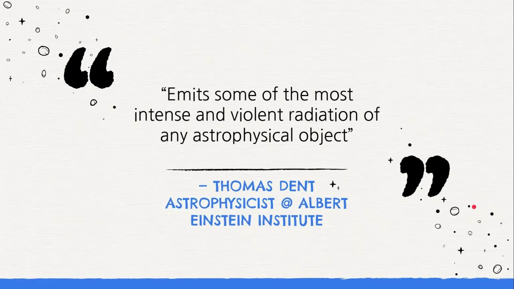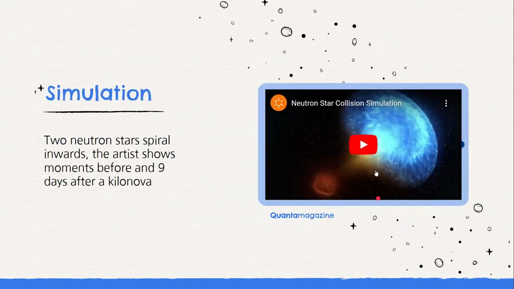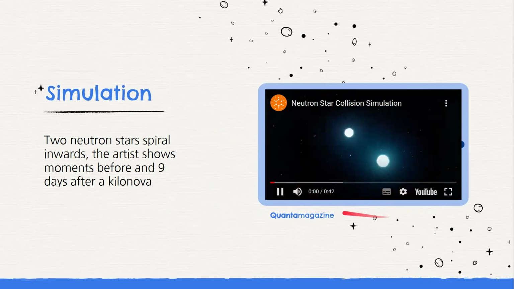According to one of the astrophysicists, Thomas Dent, this neutron star merger emits some of the most intense and violent radiation of any astrophysical object. So here's one of the simulations of two neutron stars spiraling towards each other. Please take a look.